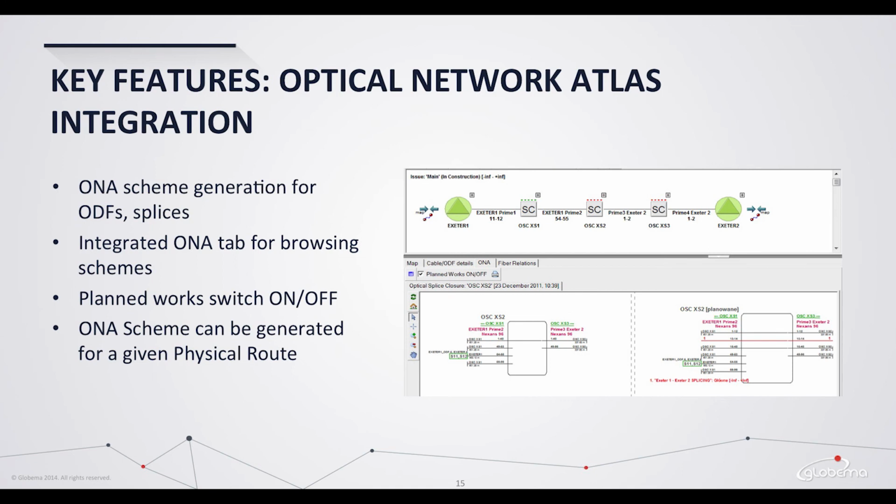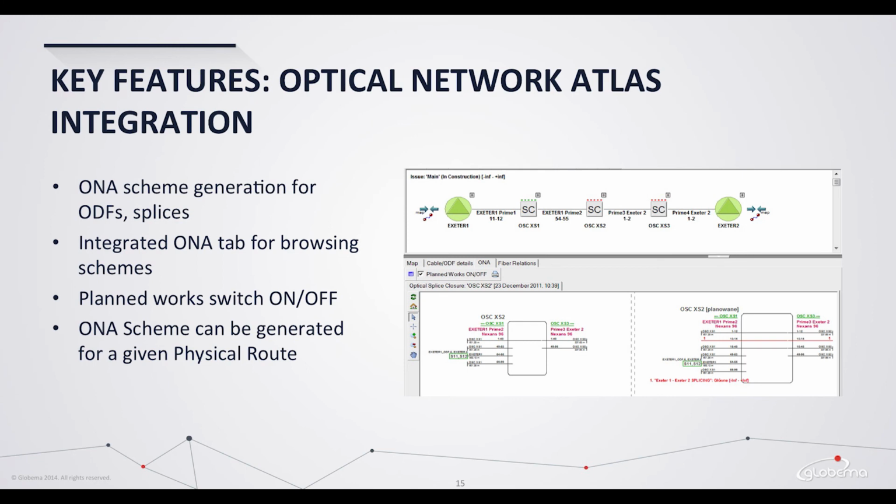The second feature in this integration between two products is that ONA can generate a schematic for the whole PRM route and provide convenient information and documentation for field workers to instruct them how to change the network in order to establish this PRM issue, the route in the fibre network.